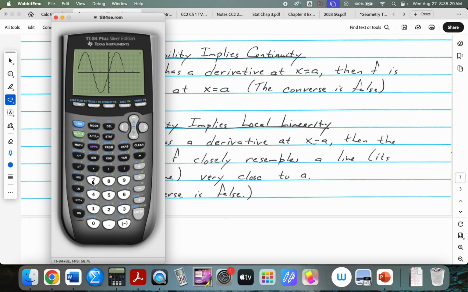If we pick any point on this graph, so that's at pi over 2, and I try to zoom in.